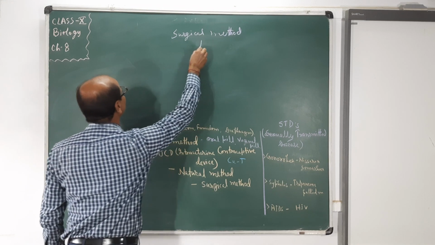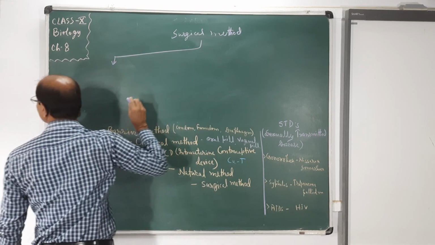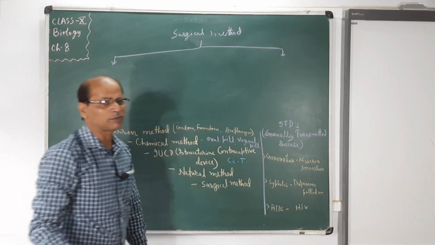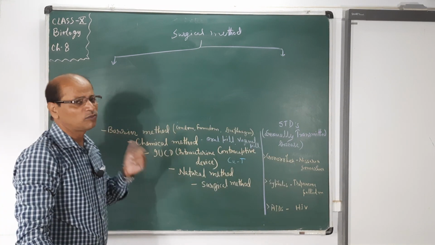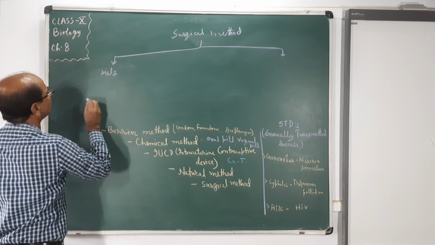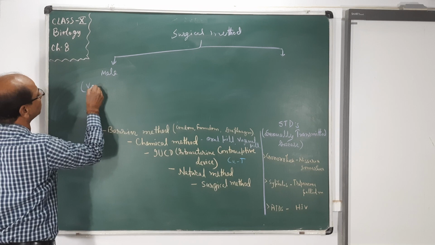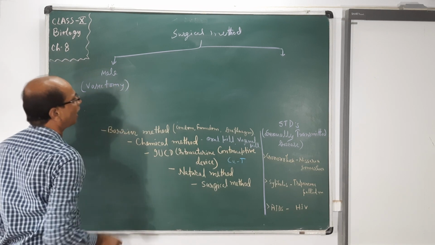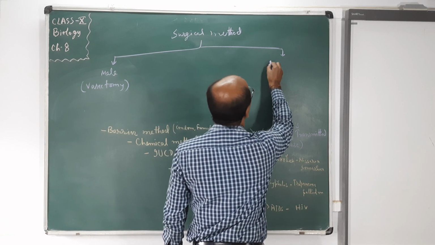In the surgical method, after doing surgery on the body parts, in male it is called vasectomy, and in female it is called tubectomy.